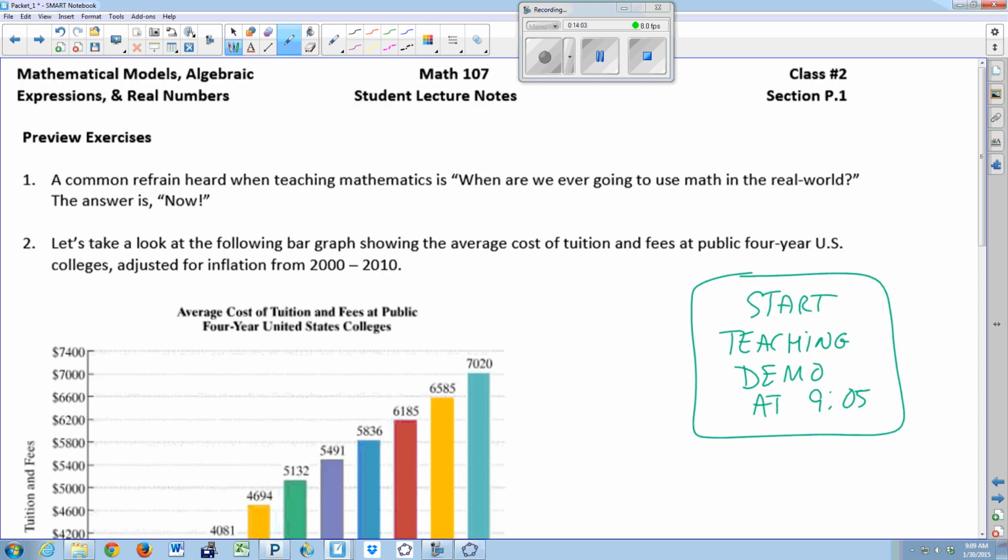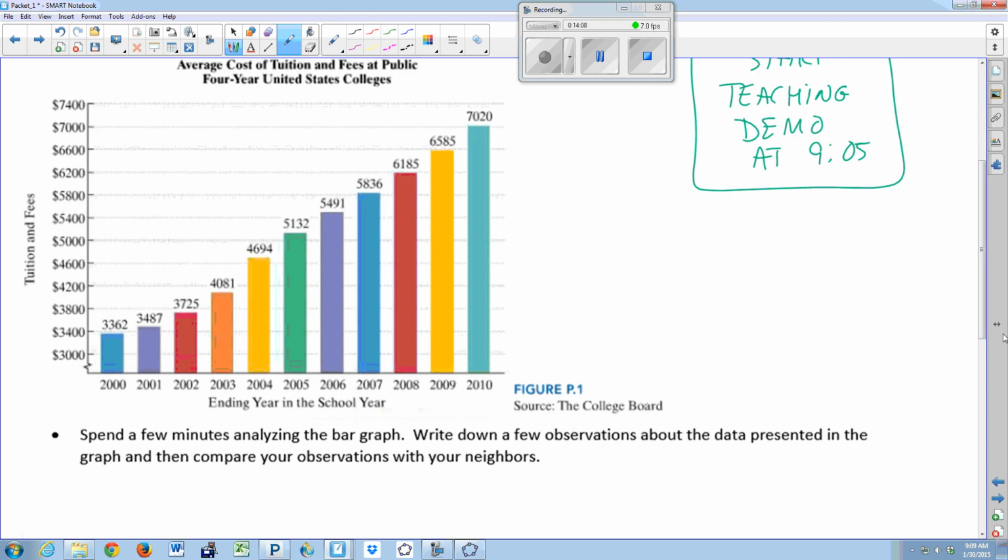I watched one of your fellow students on their paper do something like this, trying to model that. If we were trying to find an equation that modeled that, one reasonable choice would be a formula for a straight line.